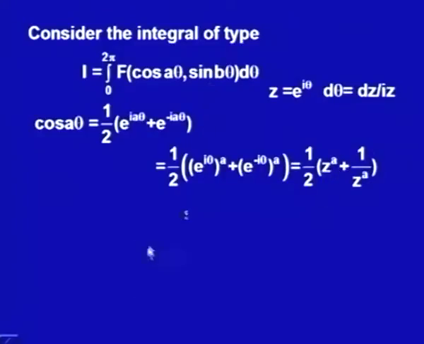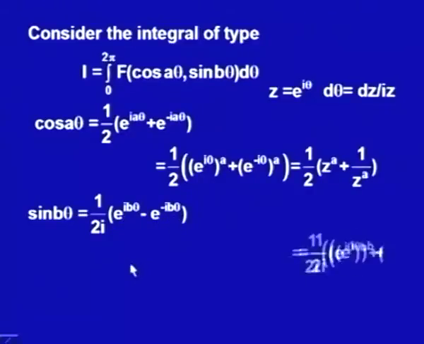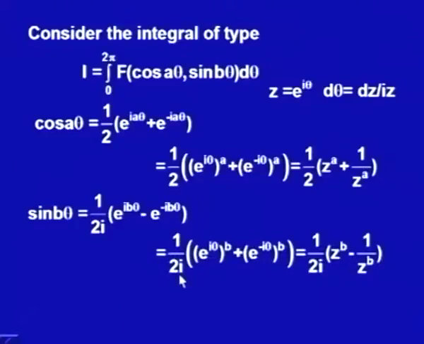Similarly, sin b theta we could write as 1 upon 2i into e to the power i b theta minus e to the power minus i b theta. E to the power i b theta we could write as e to the power i theta to the power b, and minus e to the power minus i theta to the power b.